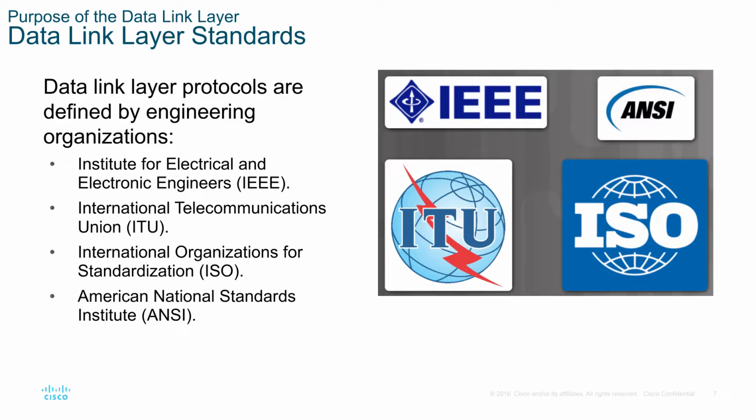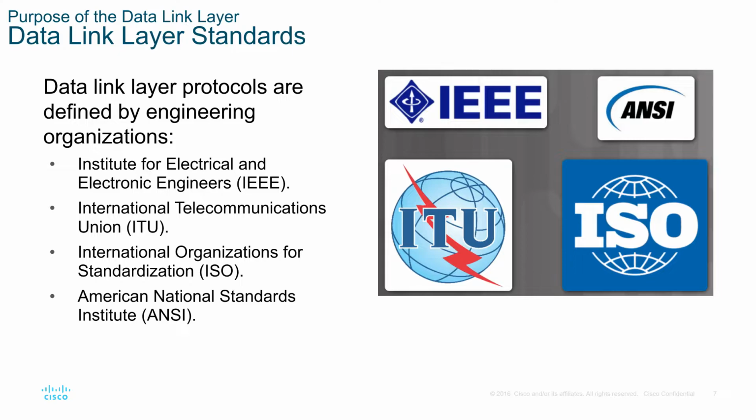The standards for the data link are controlled by multiple organizations. Data link layer protocols are defined by engineering organizations, such as the Institute for Electrical and Electronic Engineers, the IEEE, the International Telecommunications Union, ITU, the International Organizations for Standardization, the ISO, and the American National Standards Institute, ANSI.